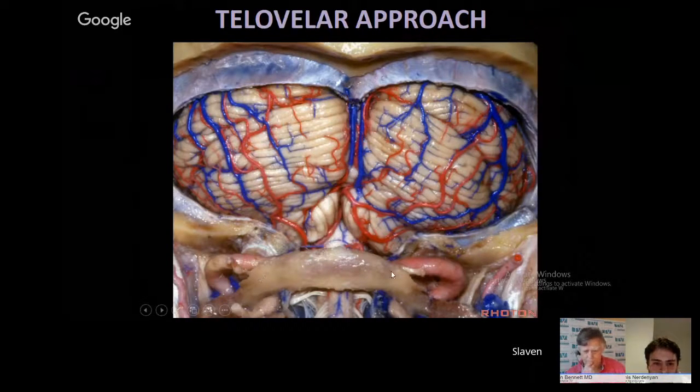This is the posterior arch of the atlas, and this is really one of the most important structures here, the atlanto-occipital junction, which holds the entire head on the junctions between this vertebra and the occipital bone.